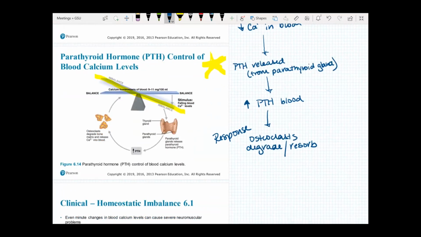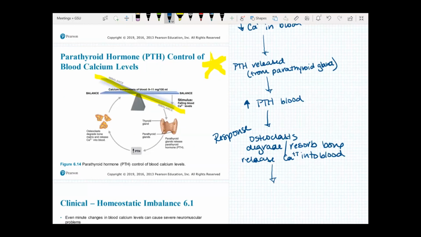the bone. And as it does that, it will release that calcium into the blood. So if my osteoclasts degrade and start to resorb and break down bone, it'll release calcium into the blood. What will my calcium levels do?